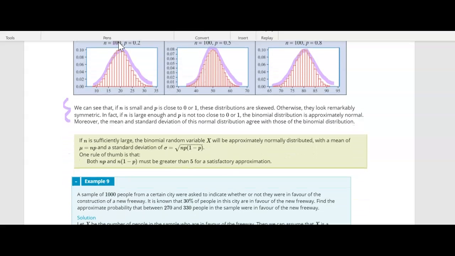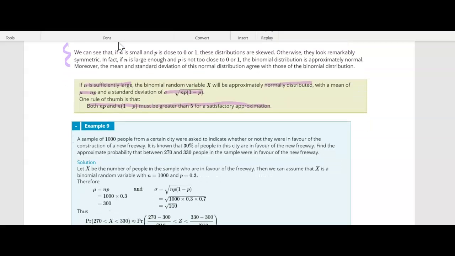So if N is sufficiently large, it needs to be quite large. You can see here in the last row we had N is 100. The binomial random variable X will be approximately normally distributed with a mean of N times P and a standard deviation of the square root of NP times 1 minus P. And just one rule of thumb: both NP and N times 1 minus P must be greater than 5 for a satisfactory approximation.